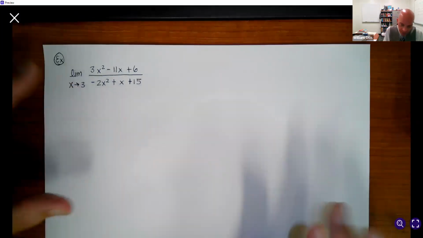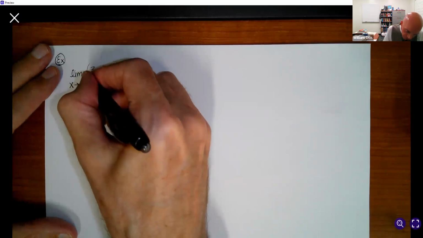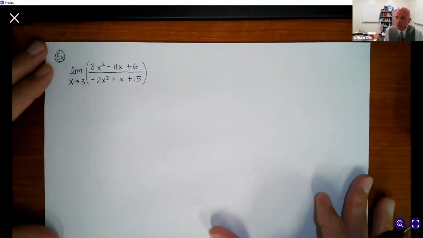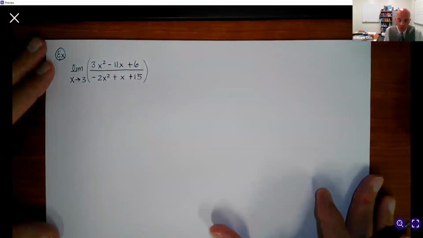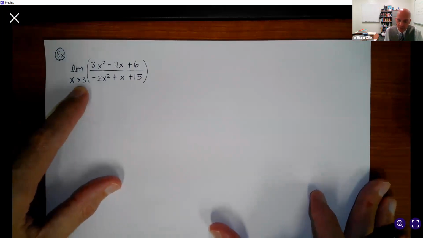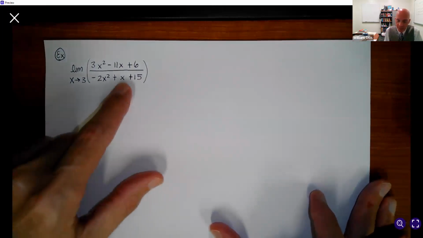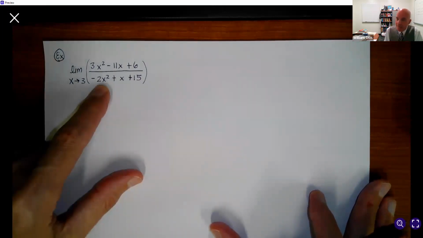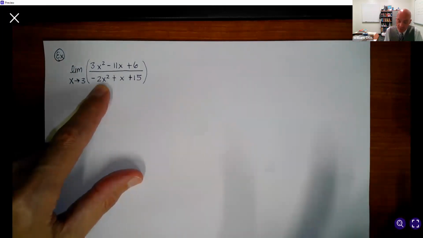Now what we can see here, and if you want to use parentheses here, it's certainly not required, but if that makes it look a little better, we can do that. Now, what you can notice here is that when you substitute 3, we get a very interesting situation. Notice we get a 3 plus a 15, which is 18. And then, of course, we get a negative 18 here, clearly 0.